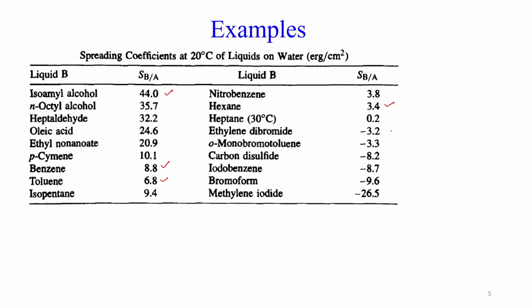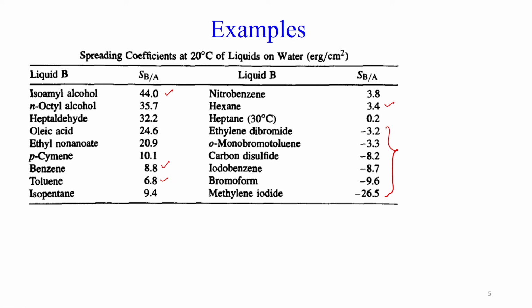But from here onwards it goes negative: ethylene dibromide, methylene diiodide, bromoform, iodobenzene, carbon disulfide. They have a negative spreading coefficient.